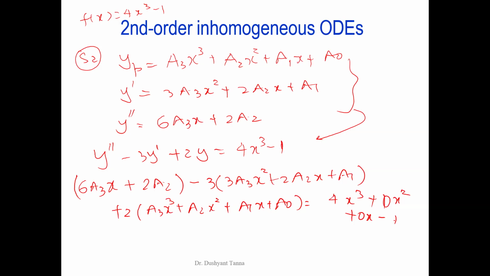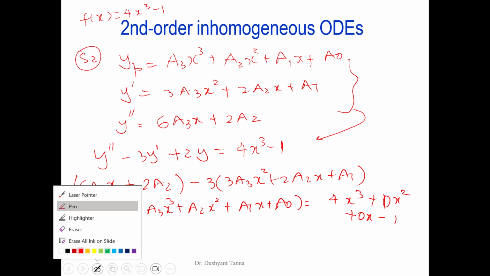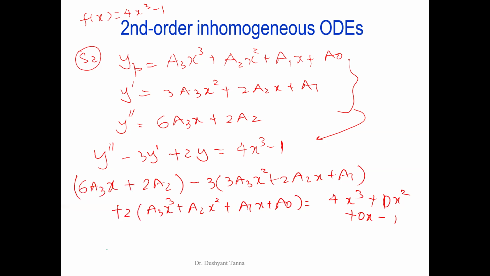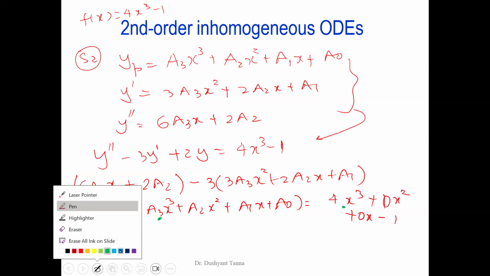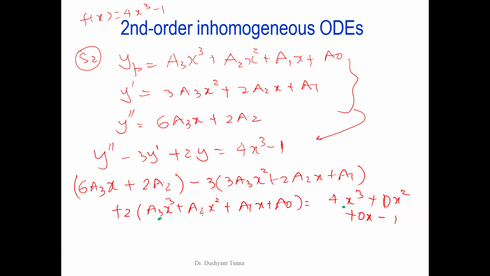It may look clumsy, but I'll use different colors. Let's talk about x to the power 3. So where do we get x to the power 3? That's the only term with x to the power 3, isn't it? And that's the x cubed term here. Now I'll use the blue color. For x squared, this is x squared, this is x squared, and this is x squared.